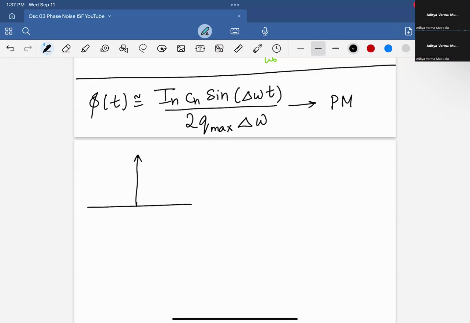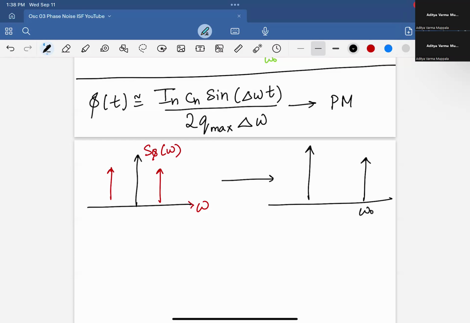So we have these two tones in S_v of omega versus omega, and then this goes through the phase modulation. Here we have omega naught, and then this becomes two sidebands.